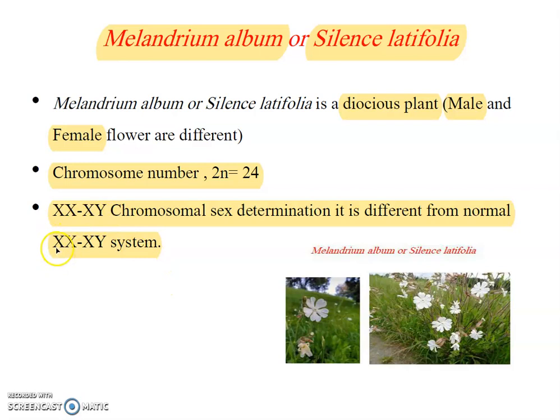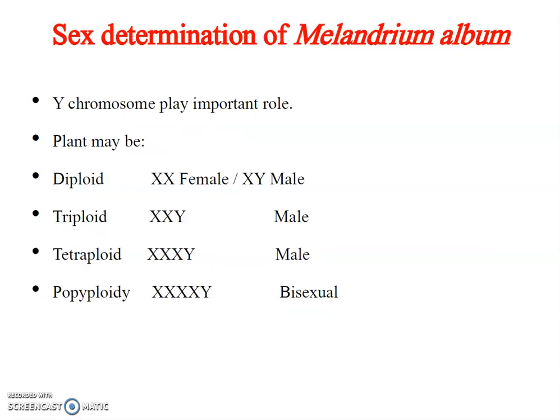But this XX, XY sex determination system is different from the normal system in Melandrium album. Sex determination of Melandrium album. In Melandrium album, the Y chromosome is very important.